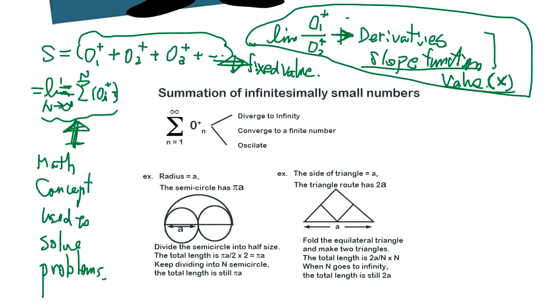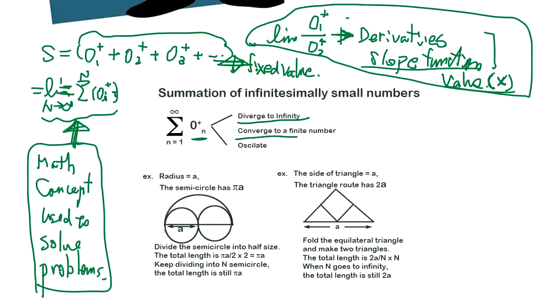Many problems can be solved once you master this math concept. So, summation of infinitesimally small numbers. You have so many infinitesimally small numbers. The result could diverge, converge to a finite number, or oscillate. It may oscillate. Okay?